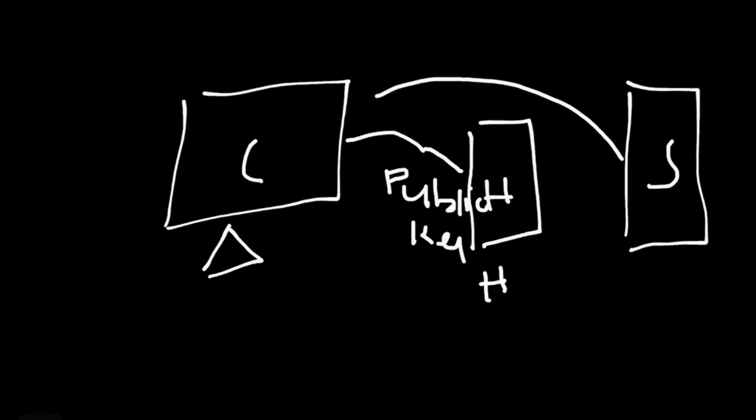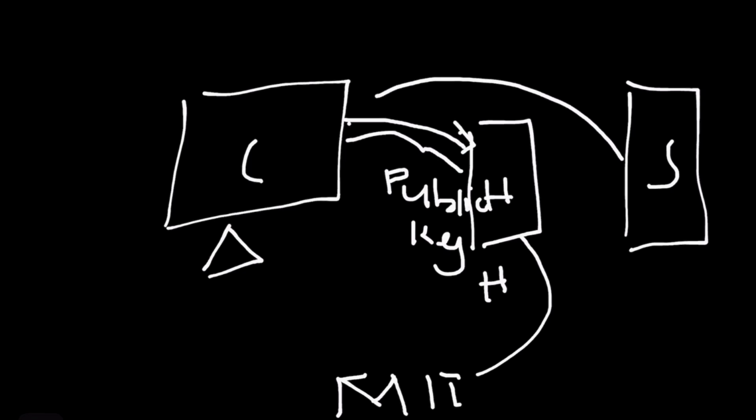You use that public key to do the encryption, and you send it to the hacker, thinking that the hacker is actually the server, which is the man in the middle attack. So this is called the man in the middle attack. You think you are sending it to the server, not knowing you are actually establishing a connection with the hacker, and you will never know.